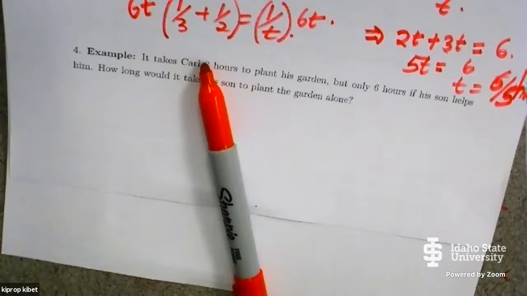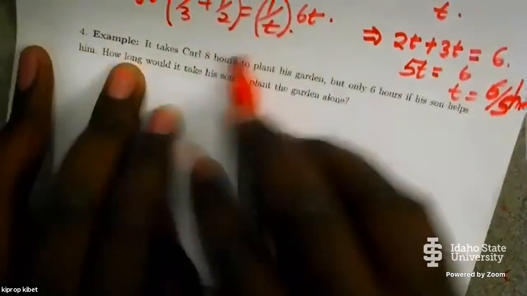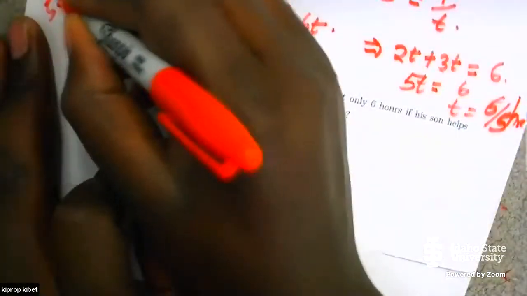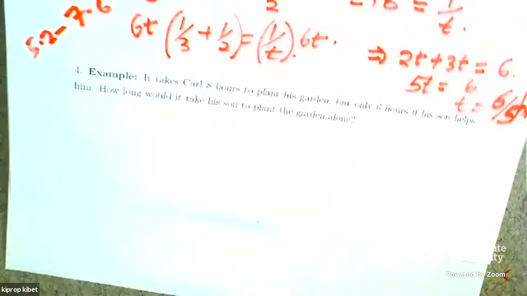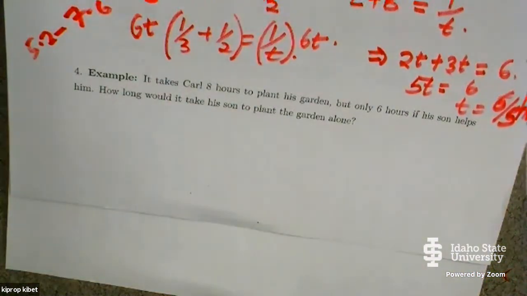So exam 2 will be from section 5.2 all the way to section 7.6. You can find that in your syllabus. So basically it's chapter 5 to chapter 7.